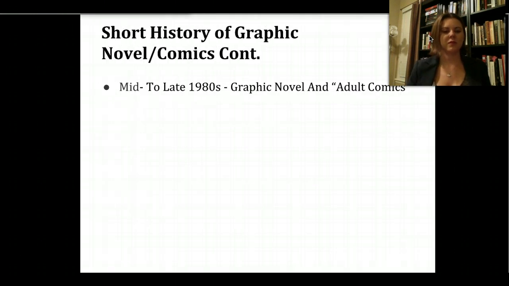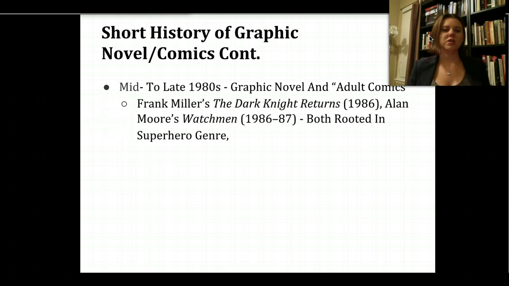Okay. Then in the mid to late 1980s, the graphic novel and adult comics really started to take hold. And we started to see ones that were inspired by previous comics and were taking up those themes. So for instance, Frank Miller's The Dark Knight Returns was inspired by previous themes, but he took it into an adult concept.